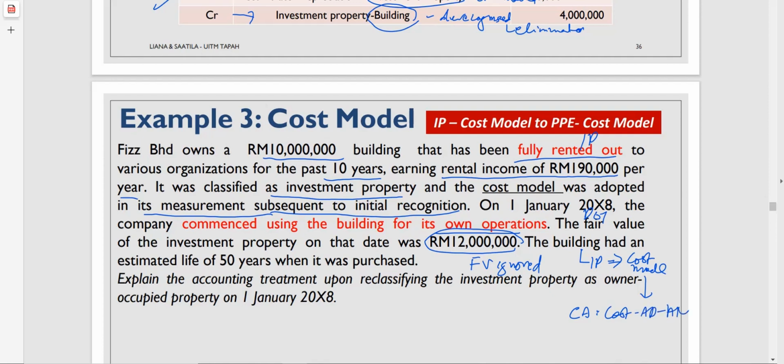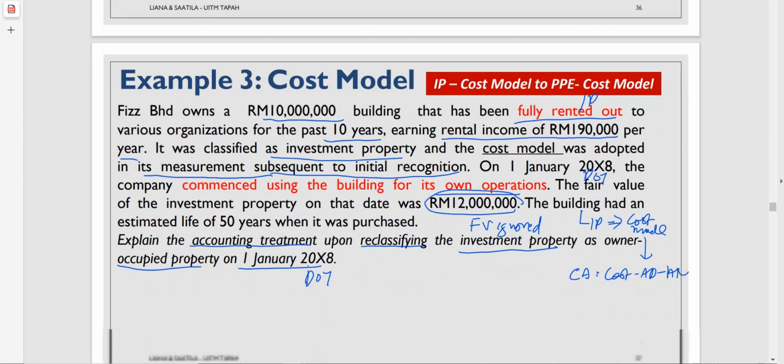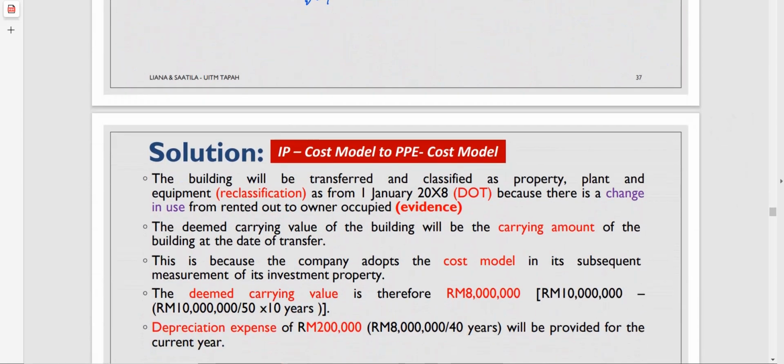You are asked to explain the accounting treatment upon reclassifying the investment property as owner occupied property on 1st of January, which is on the date of transfer. So this would be quite easy because you are familiar with the first one, right? So let's look at the answer here.